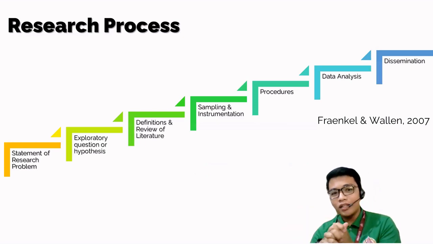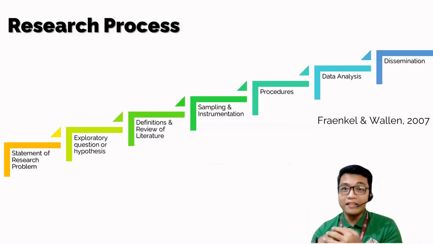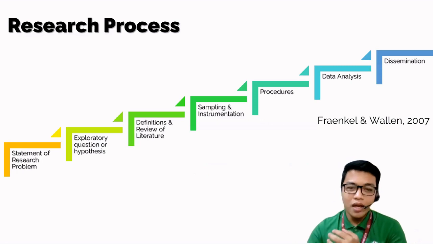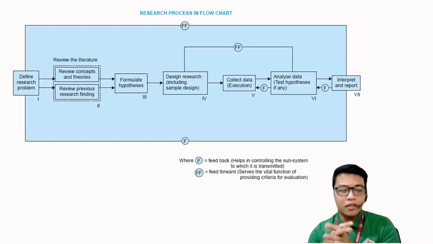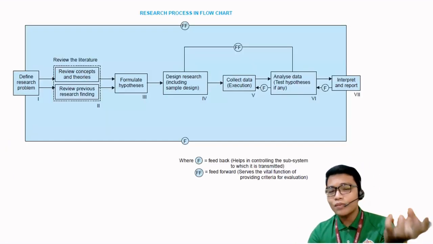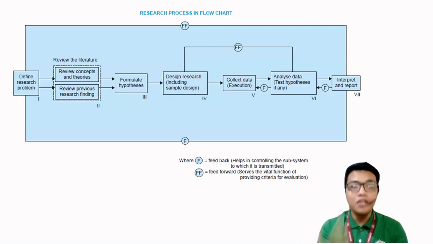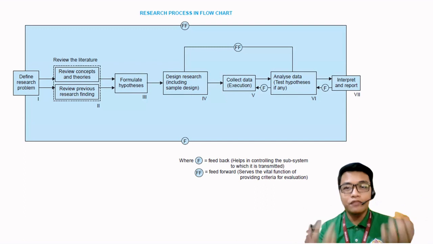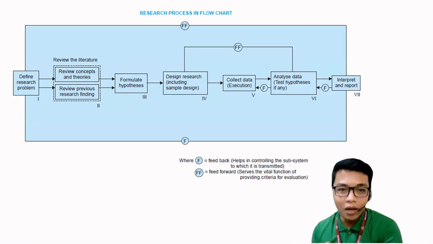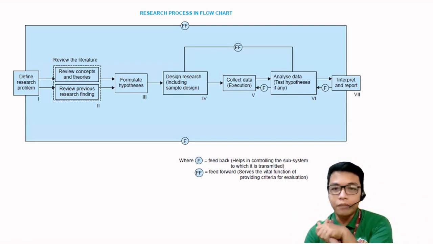In Frankel and Wallen, you have your problem and then you ask questions. But in Kothari's model, you define your research problem specifically by reviewing the literature before you create your objectives or formulate your hypotheses.